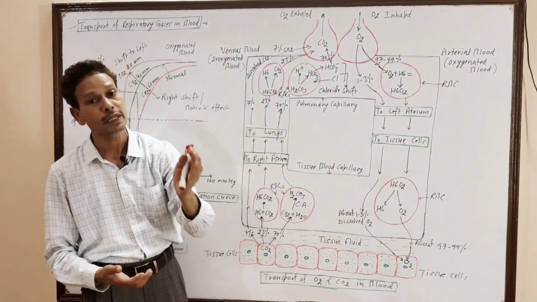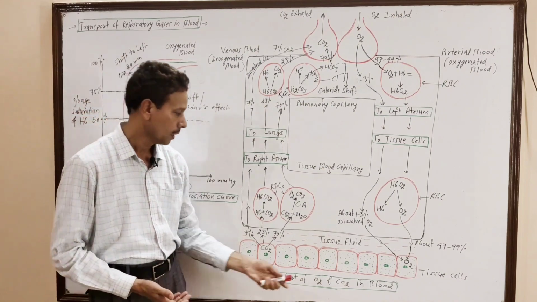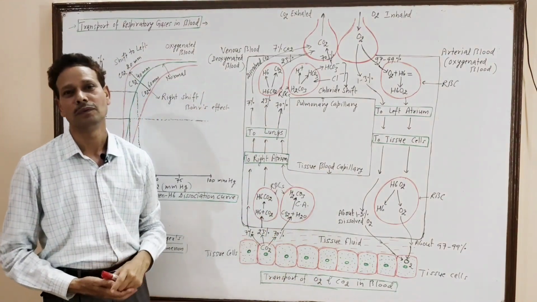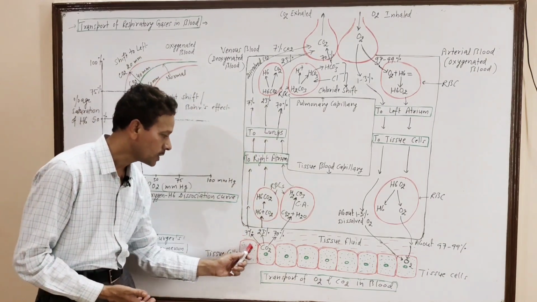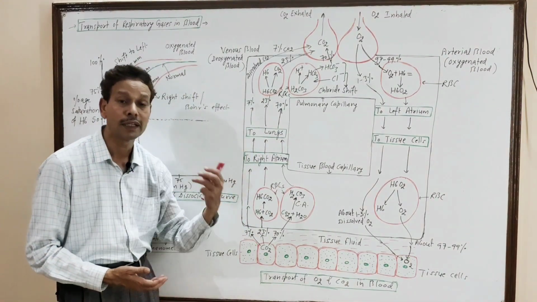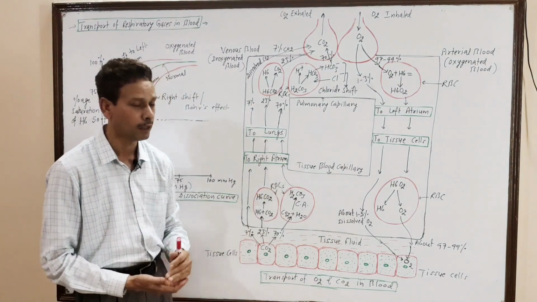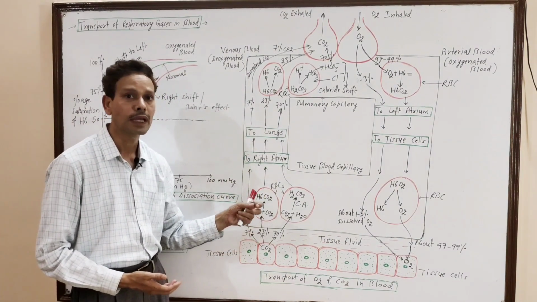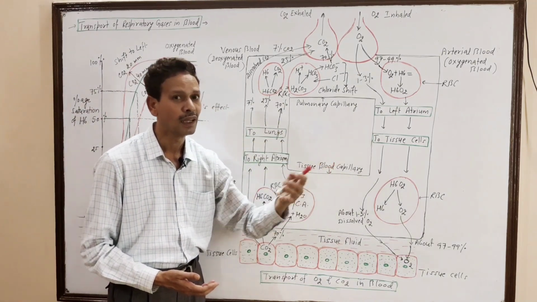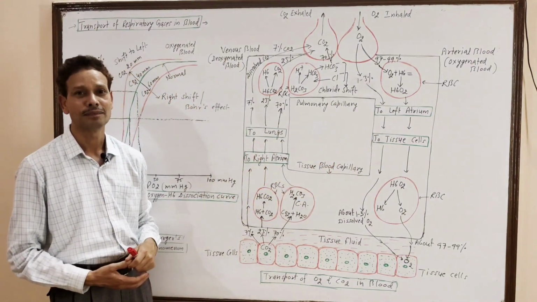It means 97% of oxygen is carried in the form of oxyhemoglobin. And the transport of CO2 occurs in three ways. About 7% of CO2 gets dissolved in blood plasma, which means 7% of CO2 is transported via blood in the form of solution.